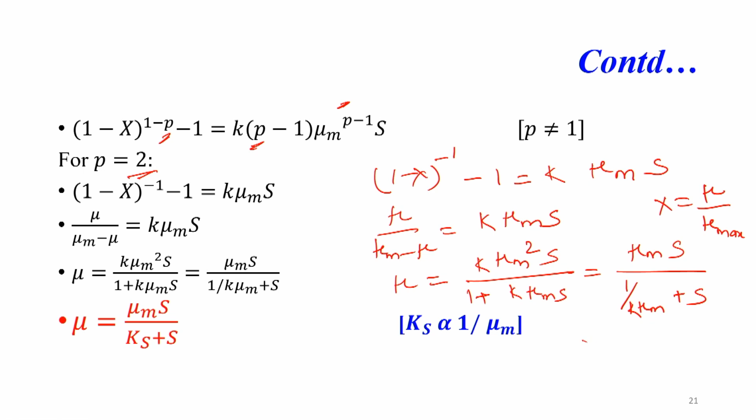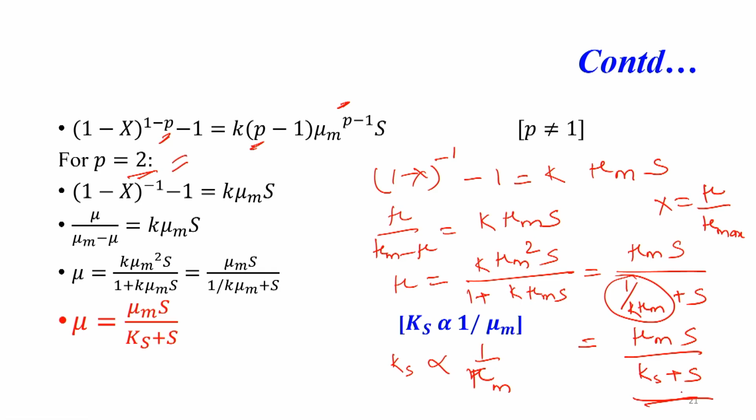Now, this equation can be further simplified and written as mu max s divided by Ks plus s. So, this term we are replacing with Ks. In fact, it says Ks is inversely proportional to mu max. So, in this way, for p equals 2, we got mu equals mu max s upon Ks plus s. This is the Monod equation.